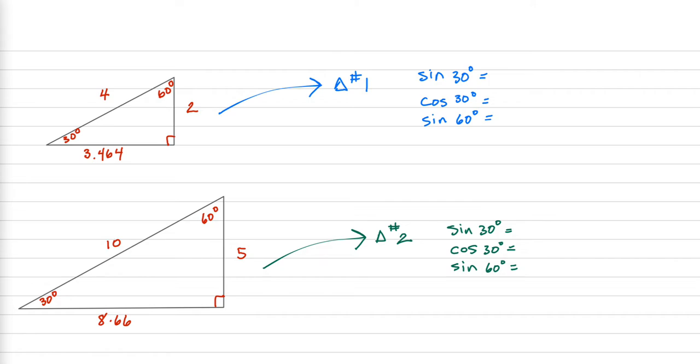We don't have any reason to do that. I think you guys might have learned law of sines and law of cosines in geometry, possibly. I was definitely not going to do that here with you. I think that's where a lot of students start feeling like things get weird. That's where I hate geometry. And it is useful, but I just want to teach you the main part of trig.